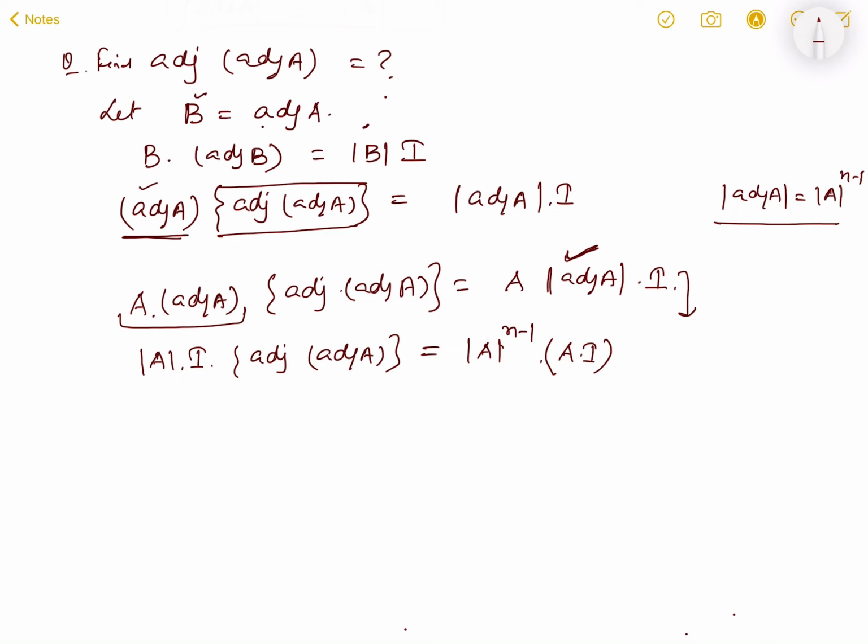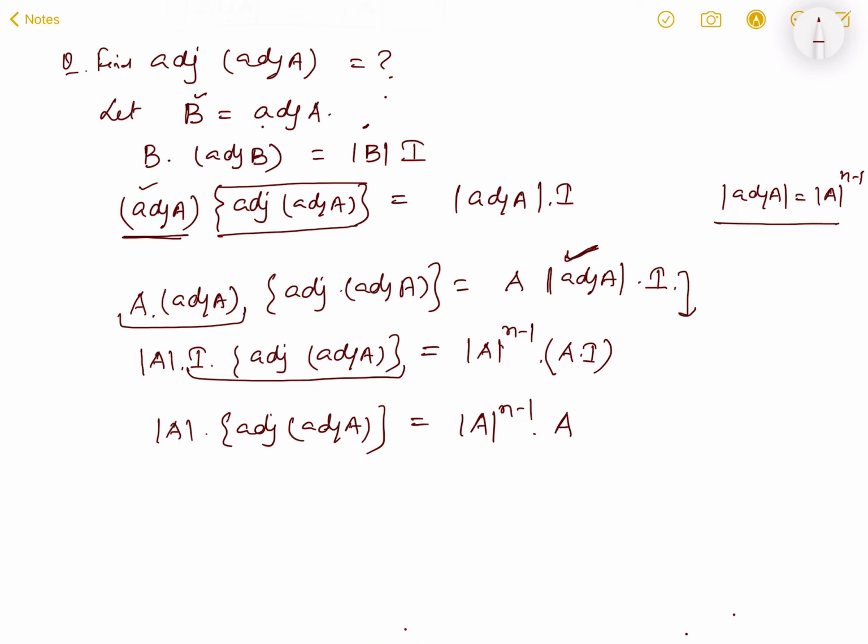This A is the matrix, so A into I. Now I into this matrix, so determinant A into adjoint adjoint A is equal to determinant A to the power n minus 1, and this is the value A.